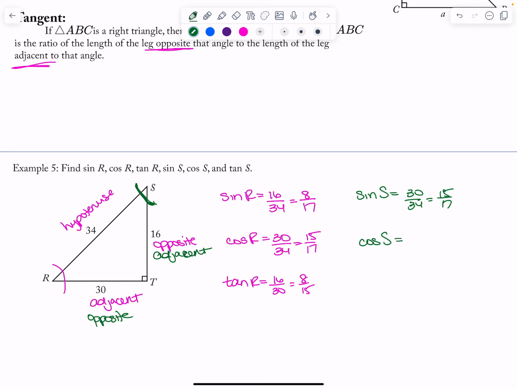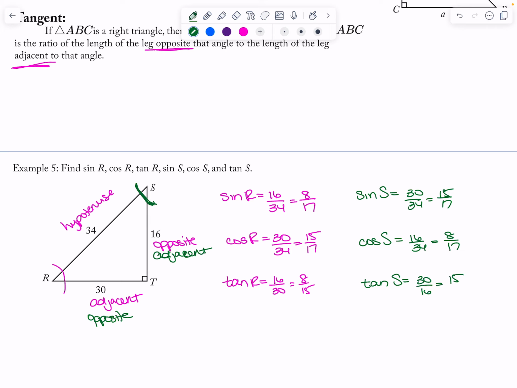Cosine of s is equal to my adjacent, which is 16 over 34, so 8 over 17. And then tangent of s is equal to 30 over 16, which is the same thing as 15 over 8. Okay, so that's my sine, cosine, and tangent. And they are different, or kind of flip-flopped, because of the way that my adjacent and opposite sides work.